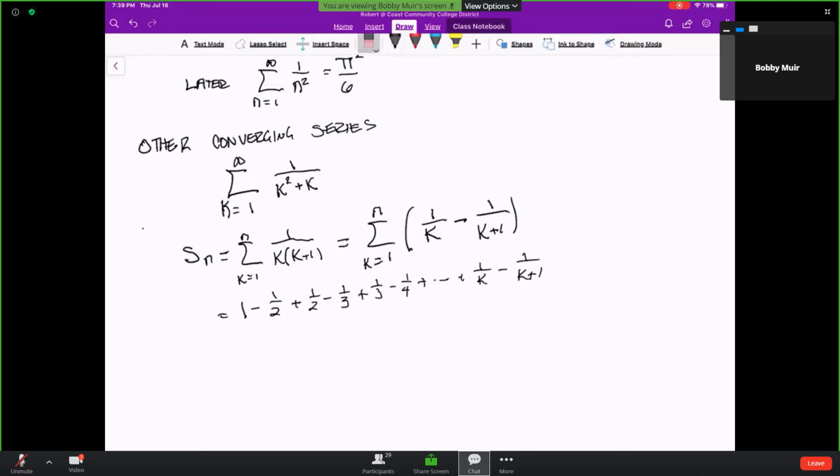So this is an example of something called telescoping. These things all cancel on the inside. The only thing that lives is this and this. So the Sn is 1 minus 1 over n plus 1.